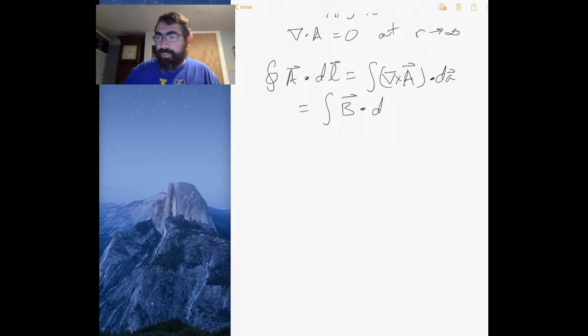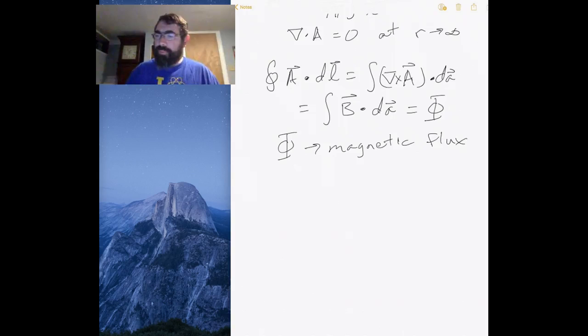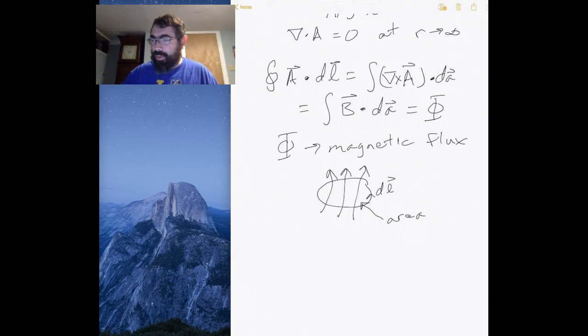So we have the magnetic field dotted into the area, which we're going to define as the magnetic flux. Basically, we have this loop we're integrating over, and that becomes the perimeter of an area. And we're looking at the magnetic field that is now going through this area. So the flux is the amount of magnetic field going through that area.